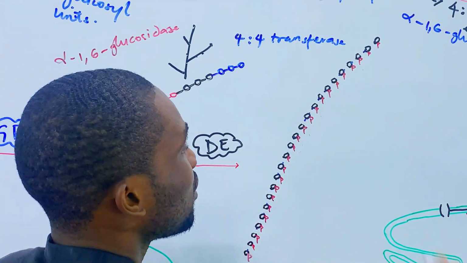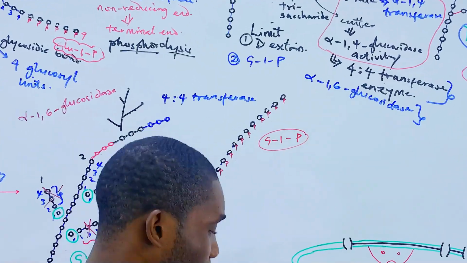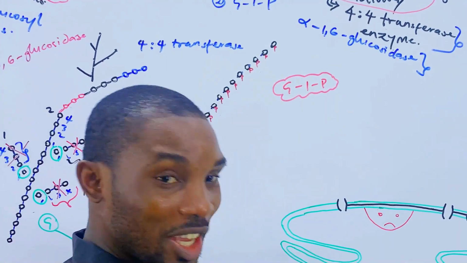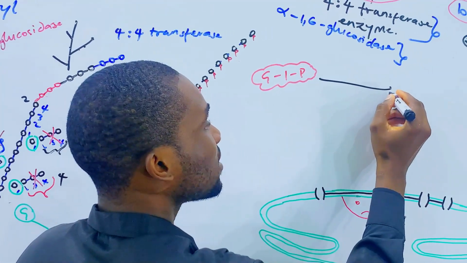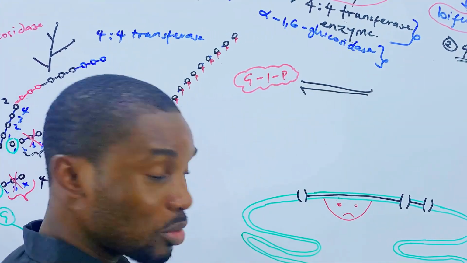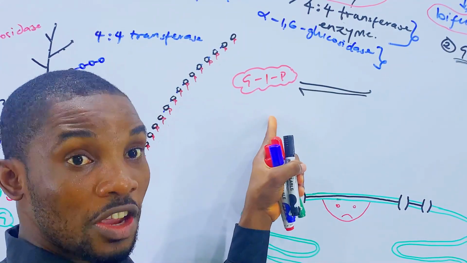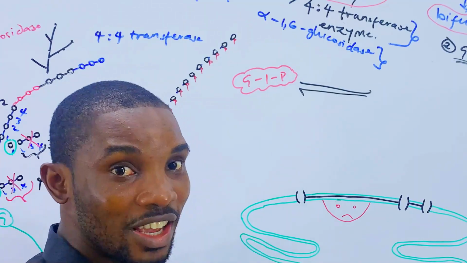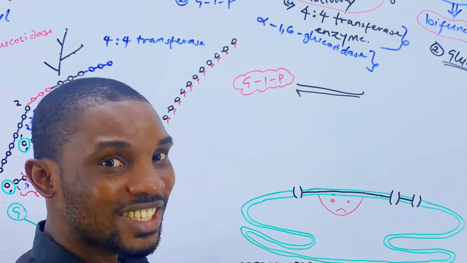Now we have glucose 1 phosphate. And this glucose 1 phosphate is acted upon by an enzyme, a very super cool enzyme. And this enzyme does something. I'm sure you all would know the name of this enzyme. It transfers the phosphate from position 1, that's the phosphate the glycogen phosphorylase formed, from position 1 to position 6.